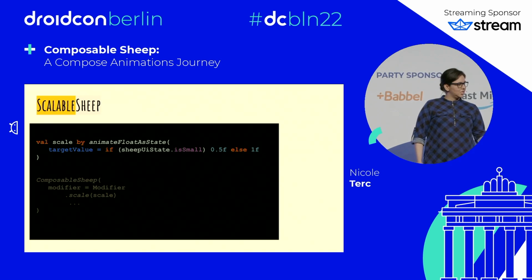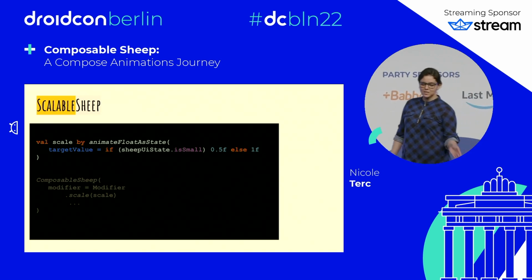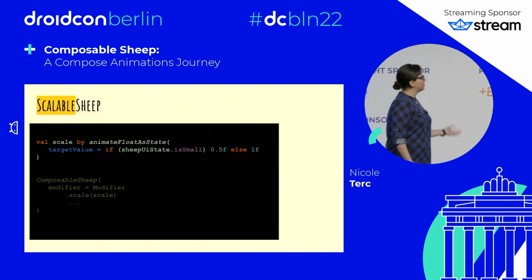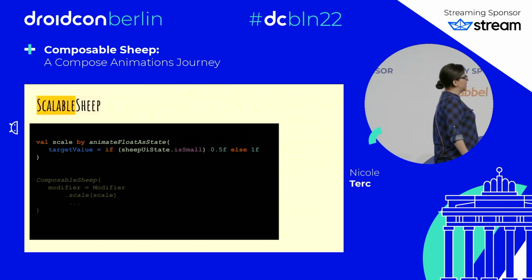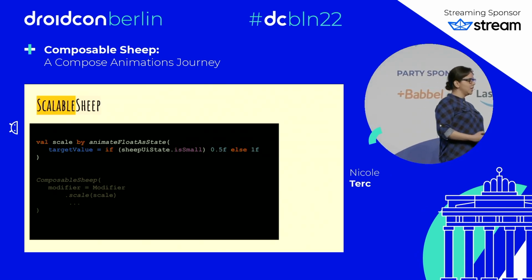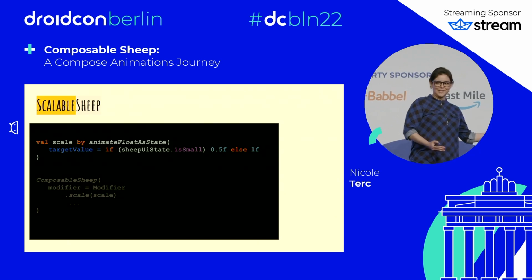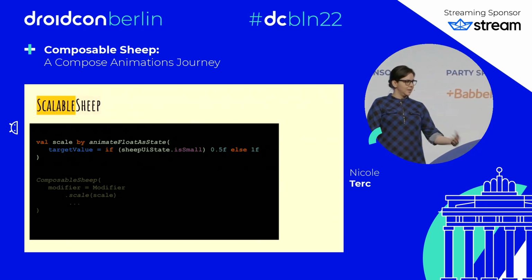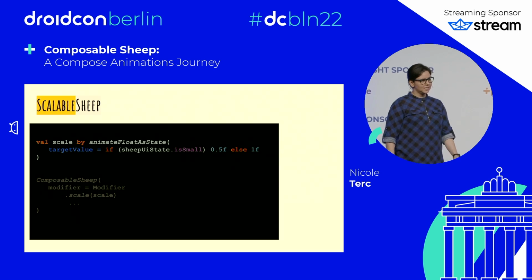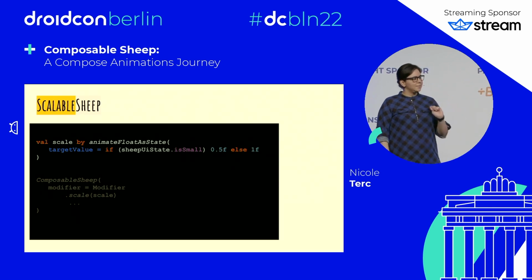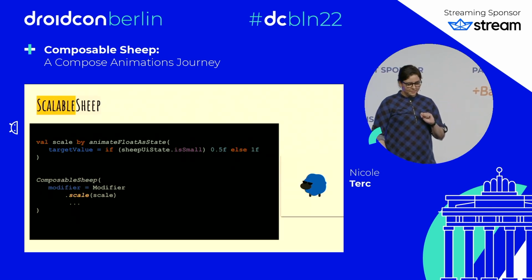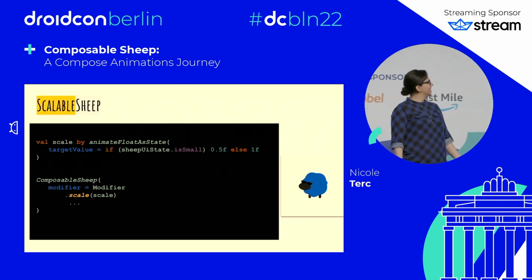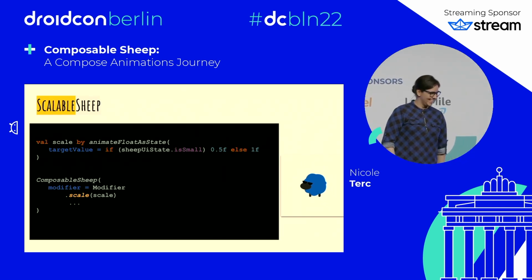The only thing that I change is, instead of setting directly the value of the scale, I'm grabbing it in this animate float state function, passing the target value, so whenever this value again changes, linked to my small state, this animation is going to be triggered and animated. And just by that, by changing one line in my code, I have a scalable chip. There you go. And thank you.